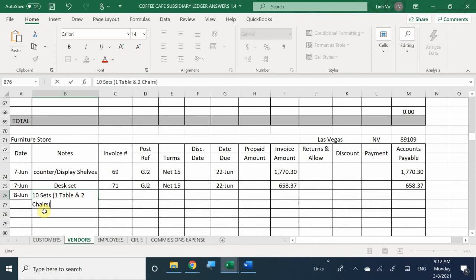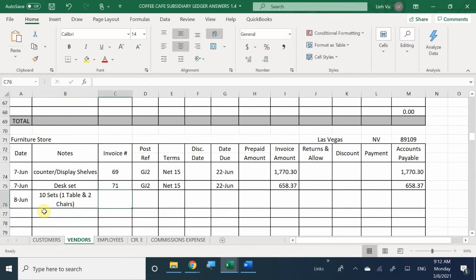This is invoice number 75, general journal number 3. So here we're going to place here net 15. And when is the discount date? We don't have any because they didn't give us any percentage. So therefore, what is going to be my due date?